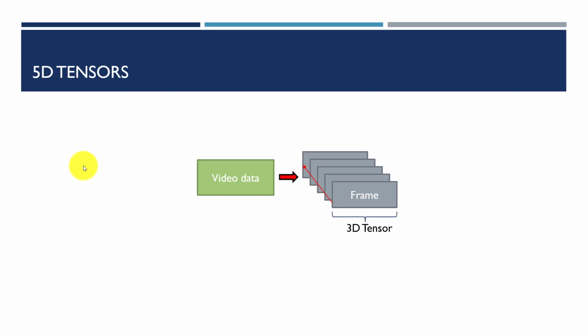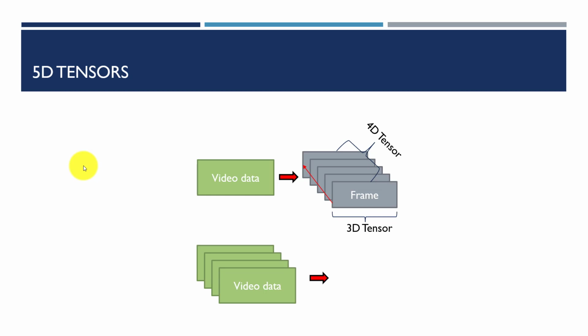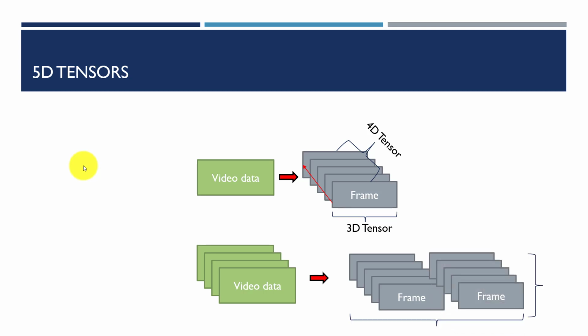When we have multiple frames, we represent the data as a 4D tensor, as we saw in the previous slide. Now when we have multiple videos, each video is a 4D tensor, and the whole set can be represented as a 5D tensor. Same concept.